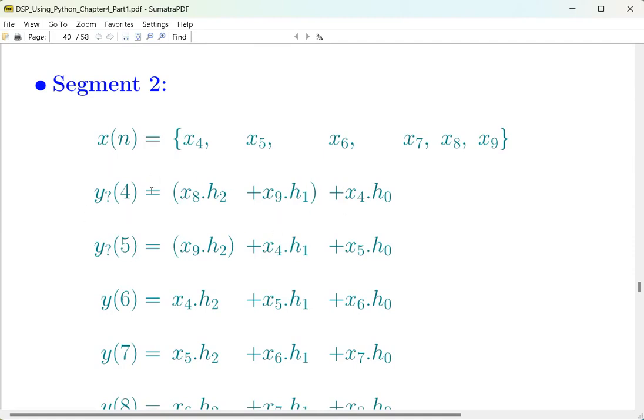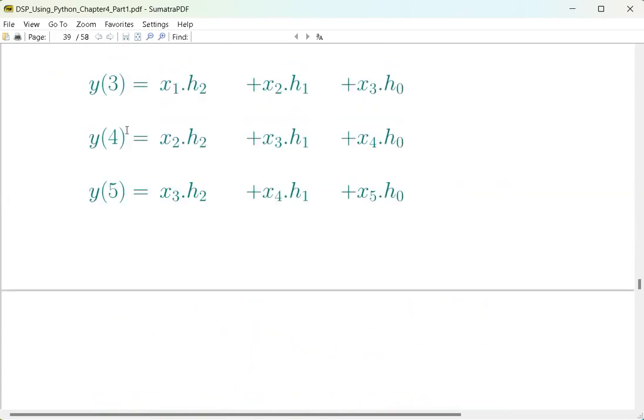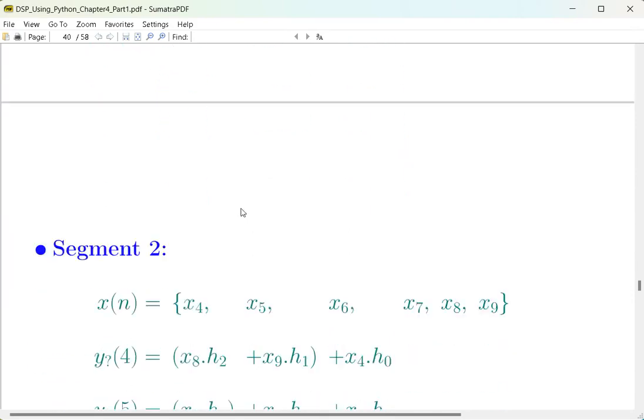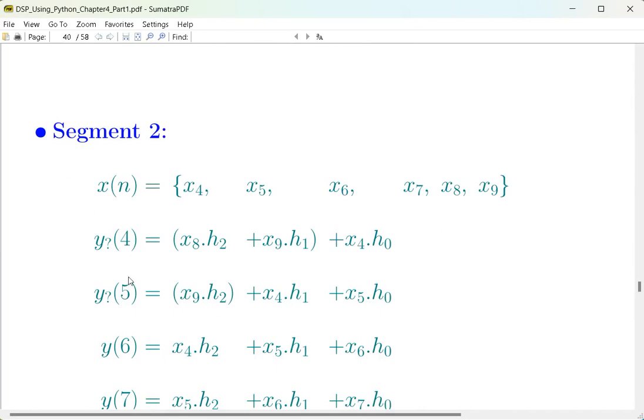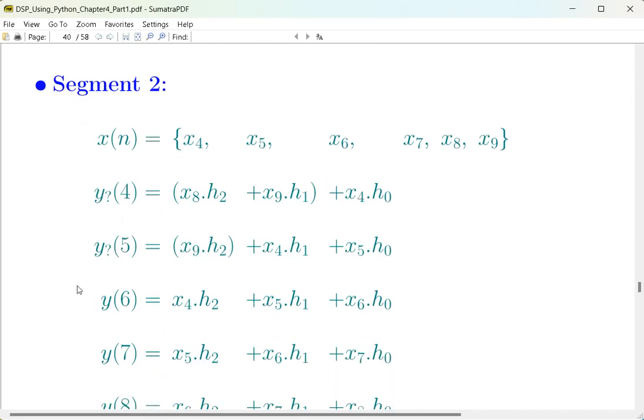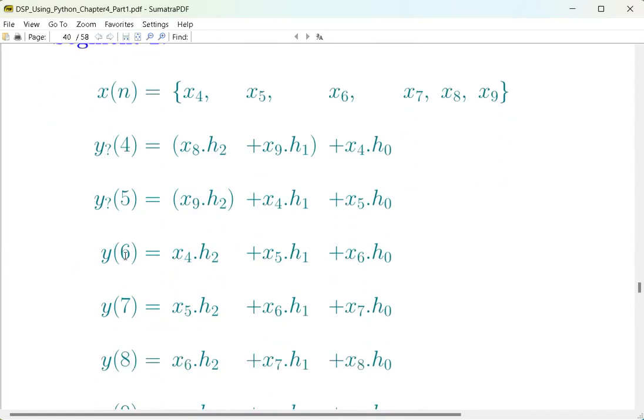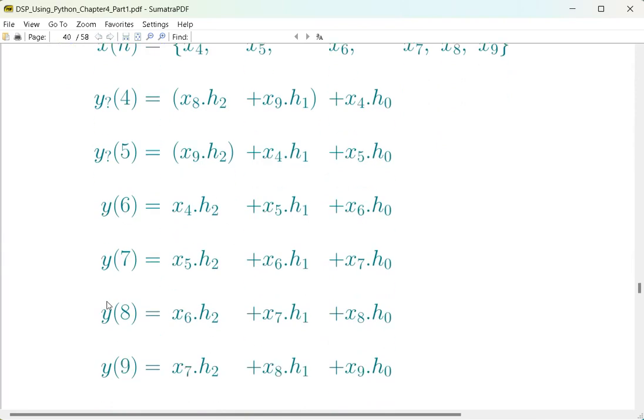We will ignore them because we have computed y4, y5 correctly in the previous section. So we don't need this y4 and y5 for segment 2. Just ignore these two. y6, a healthy answer. y7, y8, y9. You see here how the data has appeared.